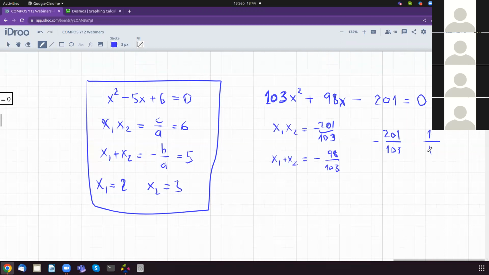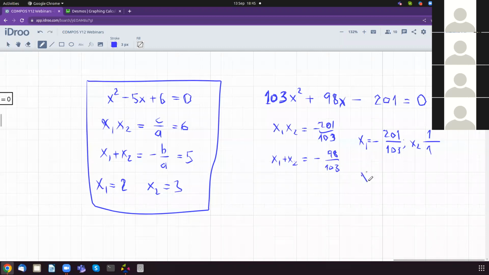It actually does work. Because you need a product which is 201, well, 201 and 1, and the denominator is 103. And look at that. So this is x1, this is x2.